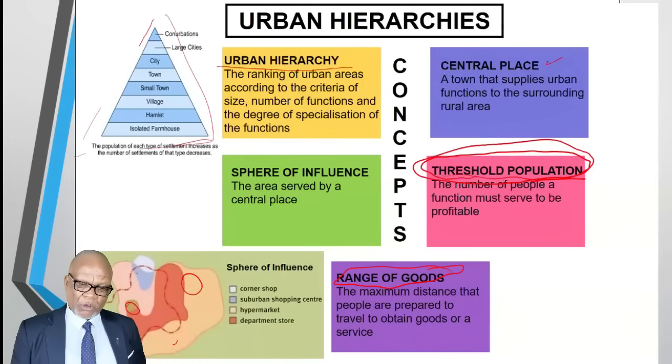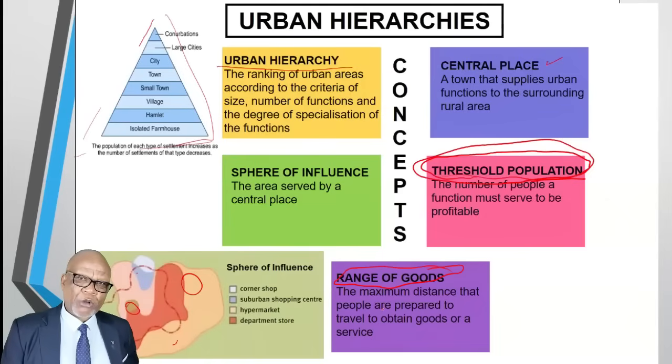So the low order goods have got a smaller range than high order goods, because high order goods are more expensive, and low order goods are cheaper.